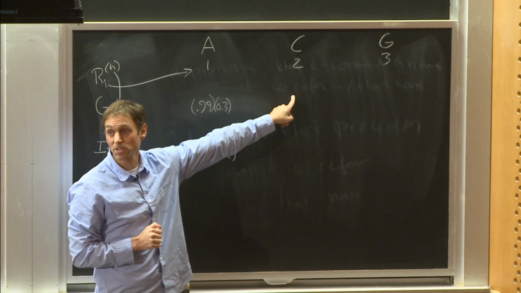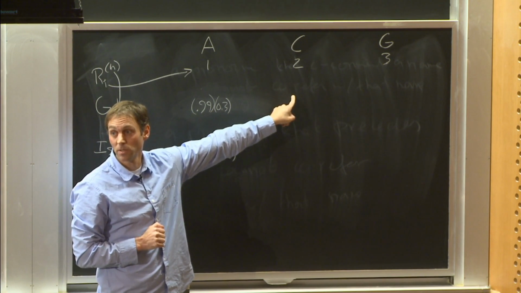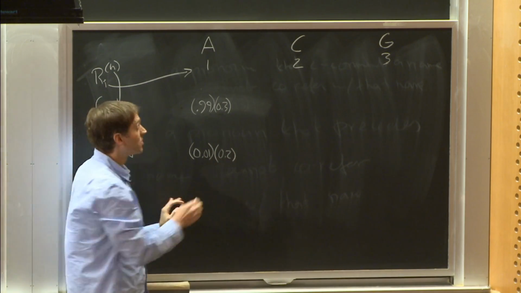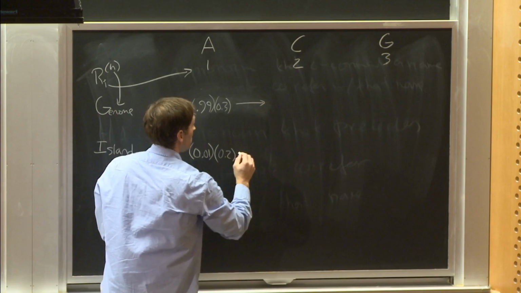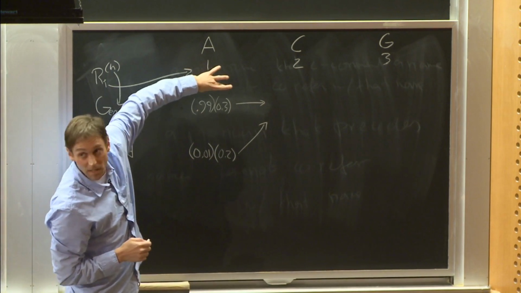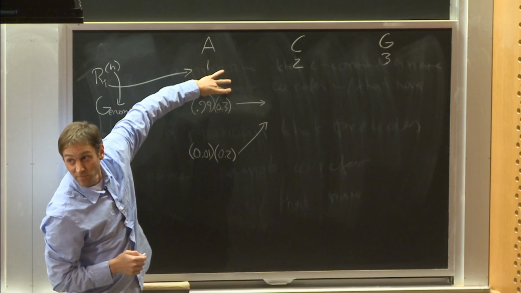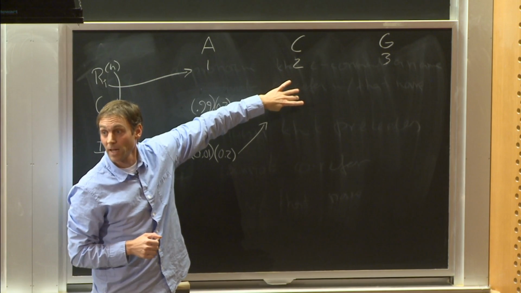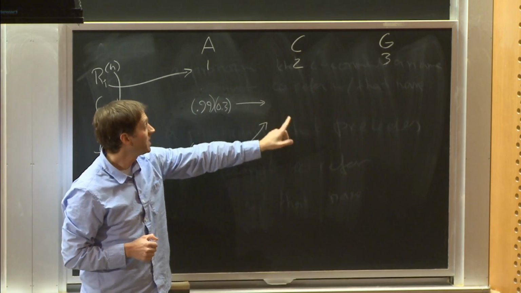There's 2 possible parses ending in genome at position 2. There's the one that started in genome at position 1, and there's the one that started in island, right? So you have to compare this to this, okay? So you compare the probability of this parse times the transition probability and then the emission in that state, okay? So what would that be?